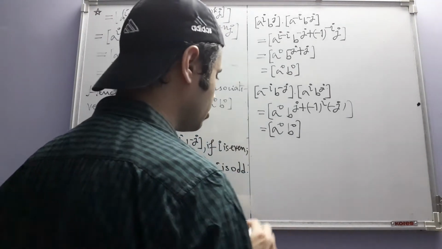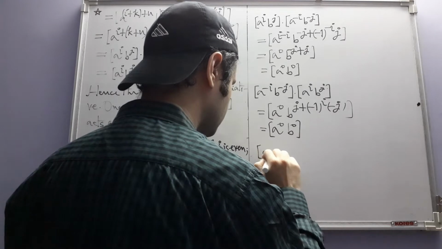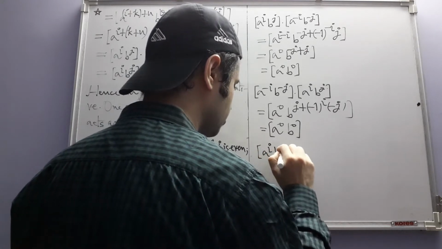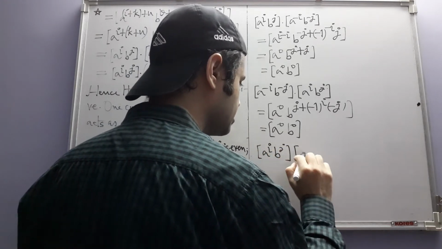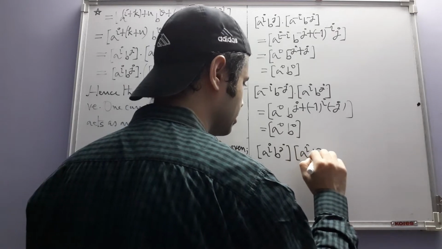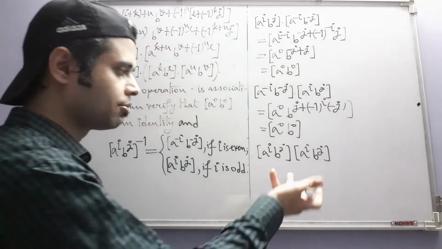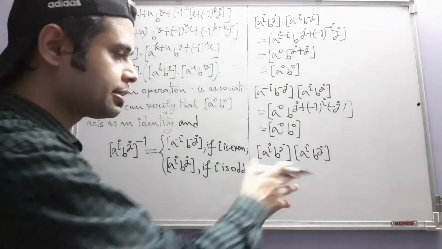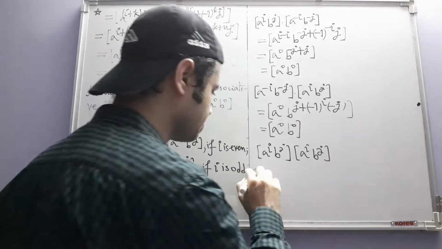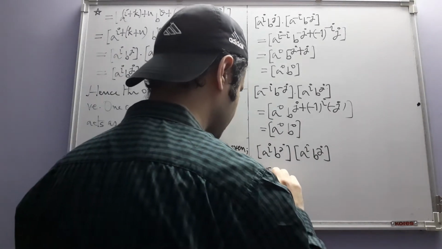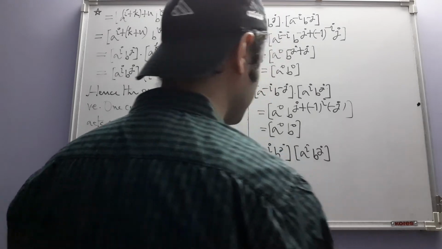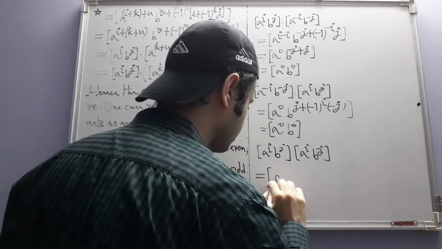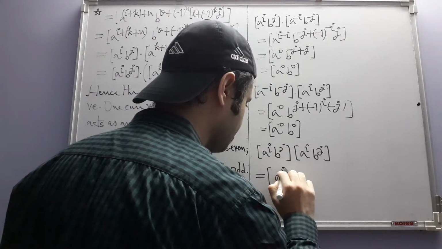When i is odd, then the element is its own inverse. In this case, since we have the same thing, it's enough to consider only this one, because if you change the order, nothing changes. Okay, however, what will happen here? i plus i.